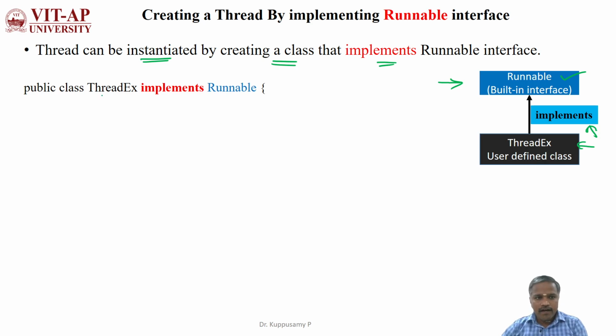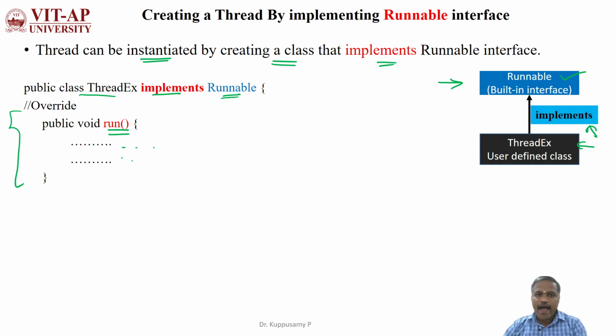Based upon that, I am writing the code. Class ThreadEx implements the Runnable interface. Then it will have a user defined method run, which has some statements to perform some action. So I am giving a block that has the content of the run method.